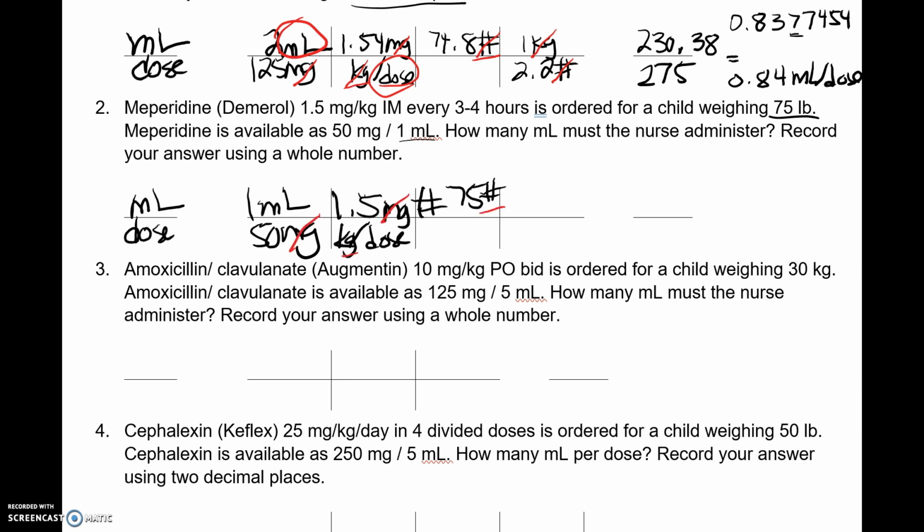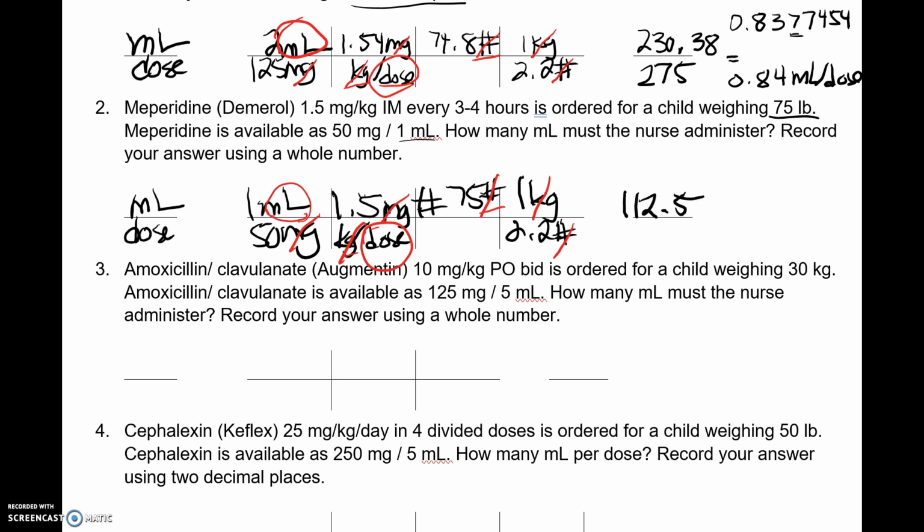So just like last time, we'll need a conversion factor. What goes on top? If we need to cancel out the kilograms on the bottom, 1 kilogram goes on top and 2.2 pounds on the bottom. We go ahead and cancel out. Kilograms will cancel and pounds will cancel. We're left with mLs per dose. 1.5 times 75 is 112.5.